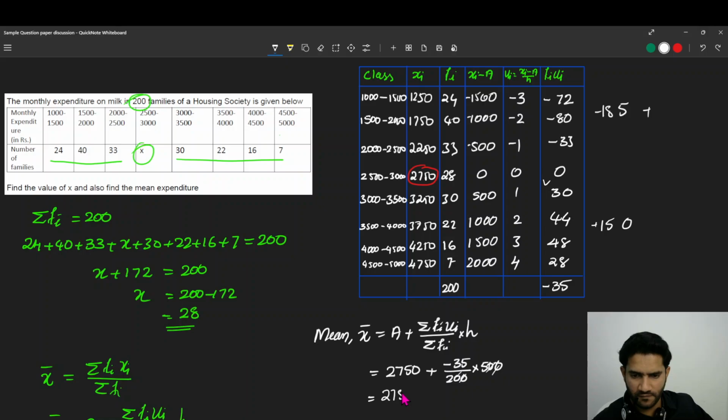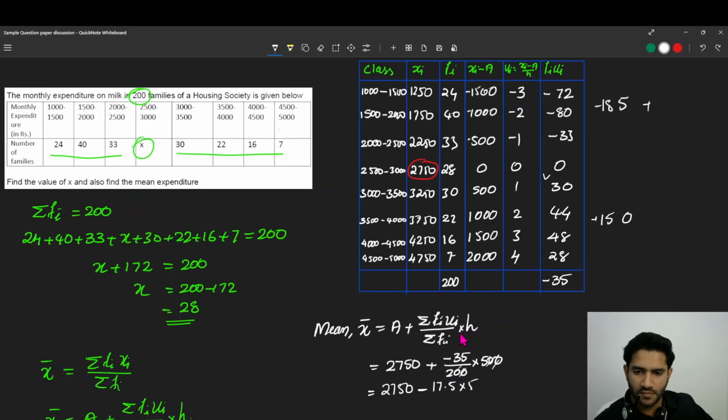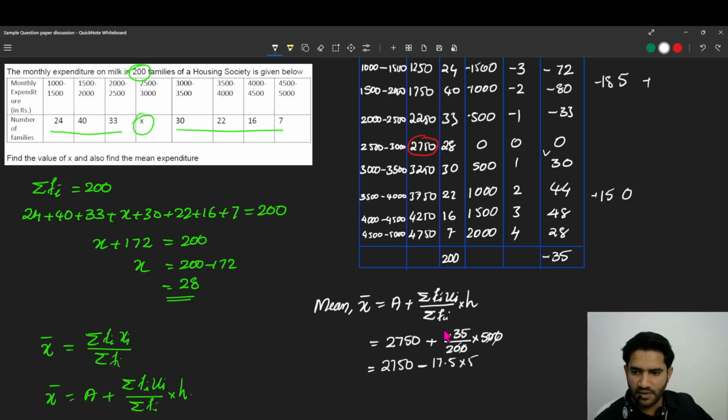35 by 2 is negative. 35 by 2 means 17.5 into 5. So 17.5 into 5 is 87.5. So 2750 minus 87.5.